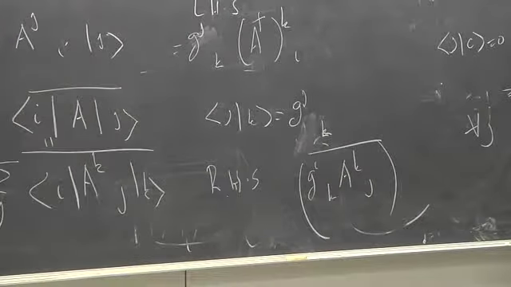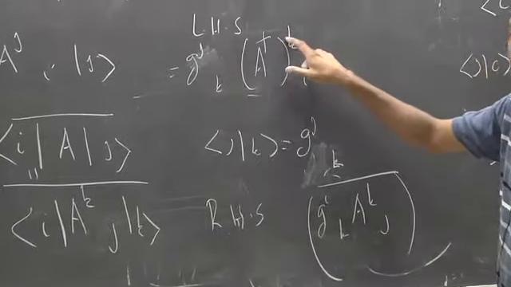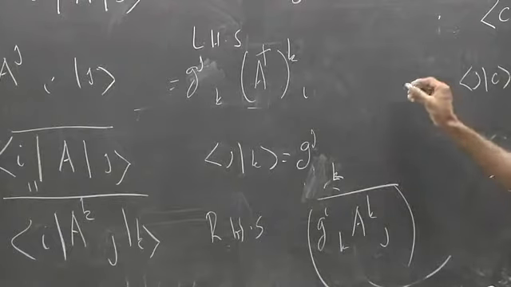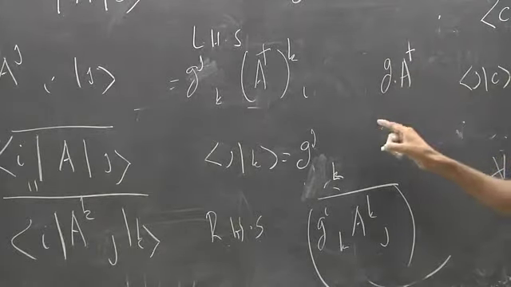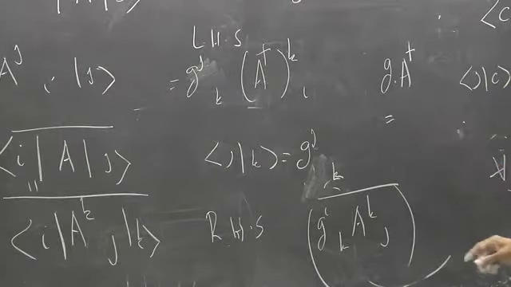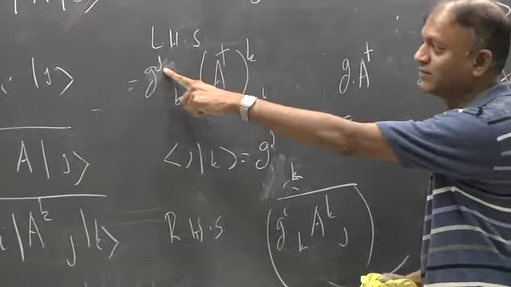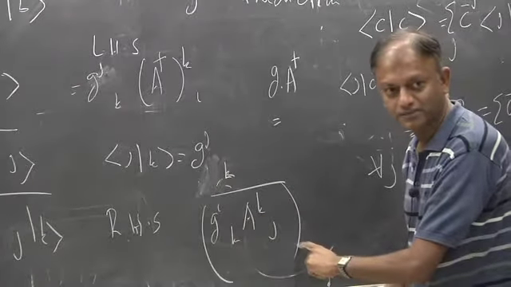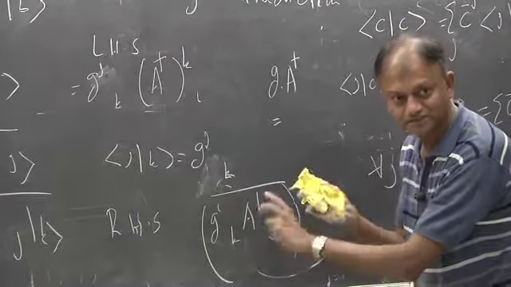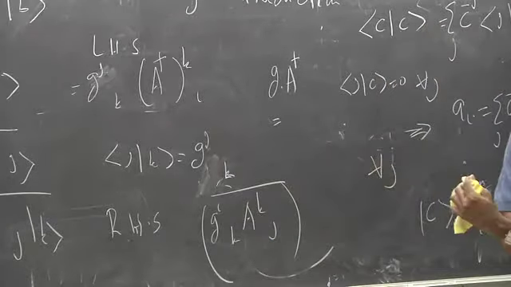So now in the matrix notation, I can write it in the following way. Remember, this is row column, row column. So this is the matrix multiplication G times A dagger. That is equal to, now notice that here J was the row, I was the column. Here you have I is the row, J is the column. So I have to take the transpose of it, because if I want to exchange row and column, I have to take a transpose.